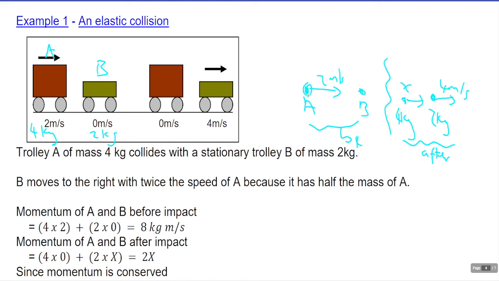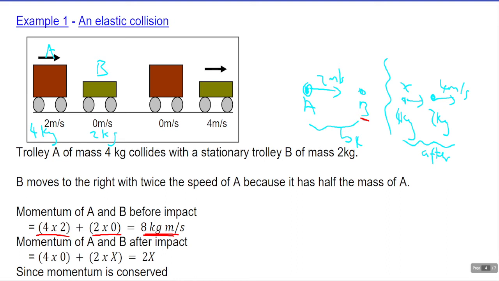So the total momentum before the collision is equal to the mass times the speed of A. So mass of A is 4. Initial speed of A is 2. So that's where you're getting this 4 and the 2 over there. And then the initial momentum of B is 0. That's the mass times its initial velocity; it is stationary, so it will be 0. And then the total momentum before impact would be 8 kg meters per second.